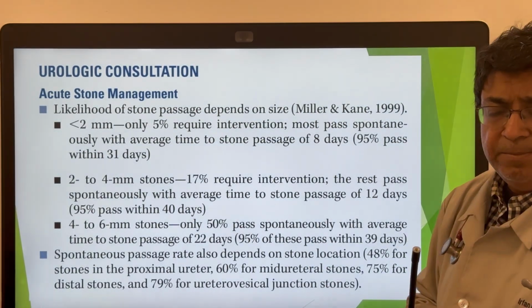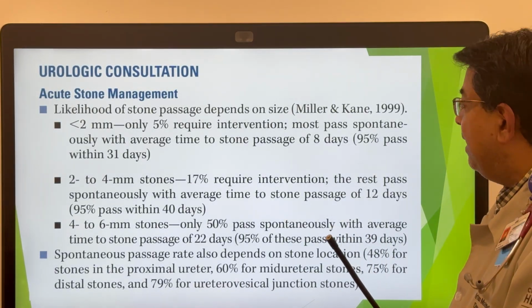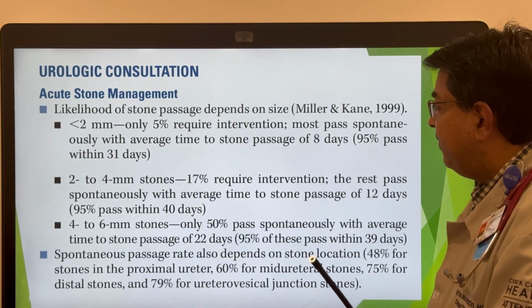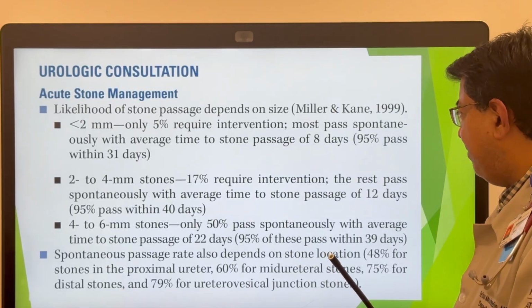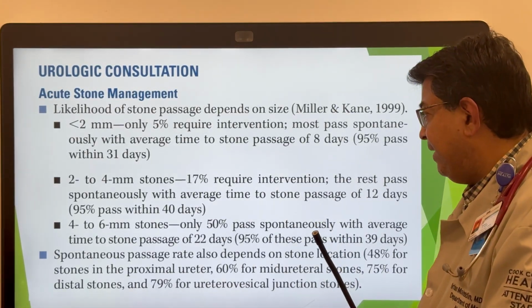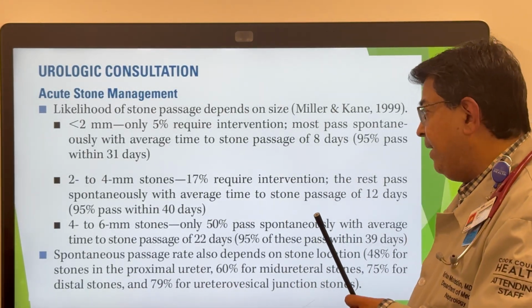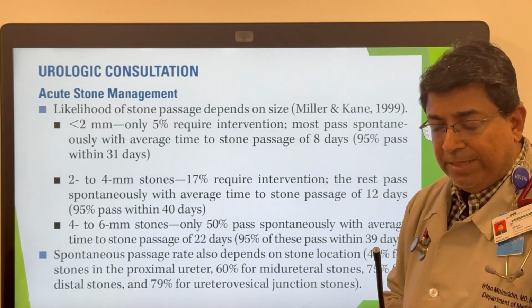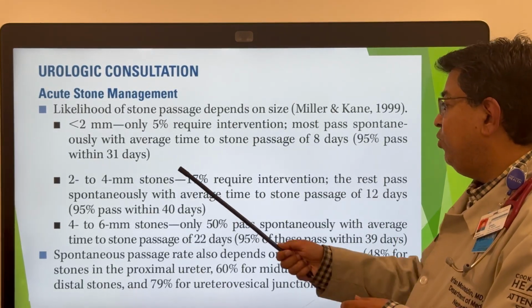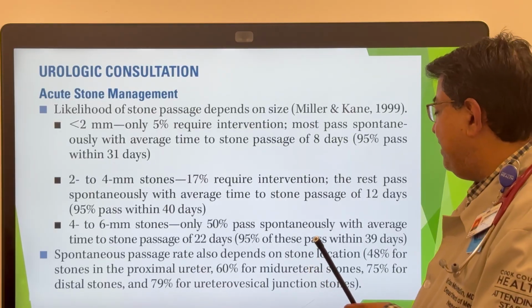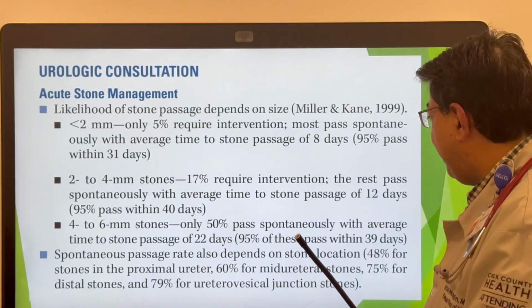When do you consult urology? For less than 2 millimeter stones, only 5% will require intervention. In fact, I've never used urology for any stone less than 5 millimeters. If it's a 2 to 4 millimeter stone, 17% are reported to require intervention.